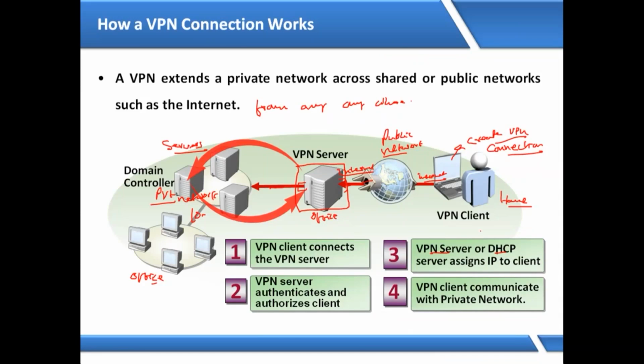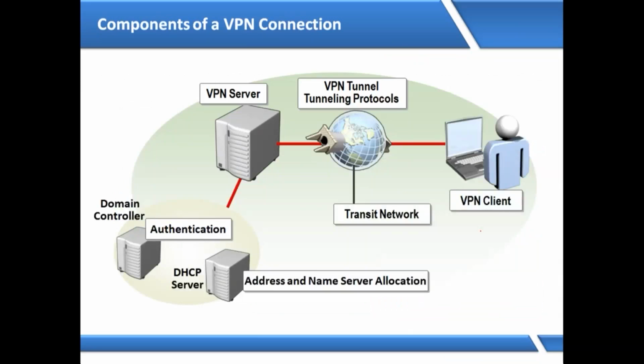Okay, so this is how the VPN will work. For the VPN connection, we require 3 machines. For today's practical, 3 machines we require, not 1 or 2 machines, 3 machines. When the VPN client connects to the VPN server, it uses some protocol. What is the commonly used protocol? PPTP.